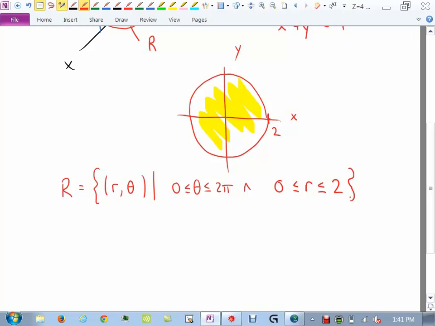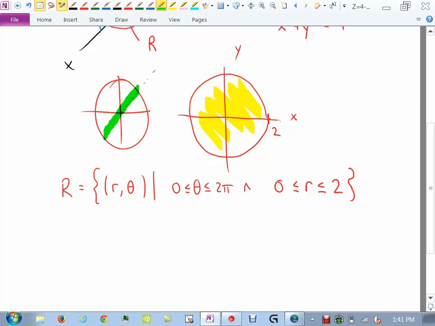I'm curious though, could you still create this region with going from r equals -2 to 2? Then your theta would go from 0 to only pi. What you have to imagine is, if I say your theta is pi over 4, so I'm aimed this way, and you're allowed to walk out 2 and -2, then you go backwards 2, and you take up all of that.